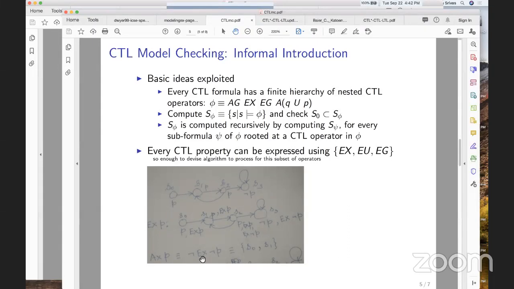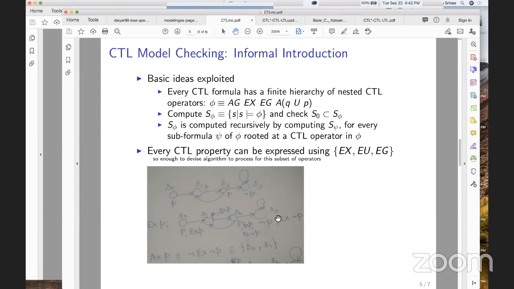It's the complement of the set for which EX of not P is true. In this case, that is these two states, S0 and S1.